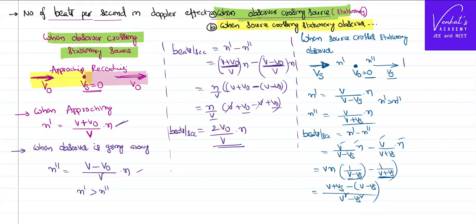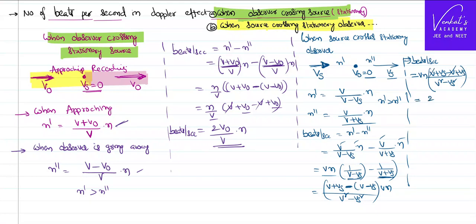Let us simplify this a little further. Beats per second is V into N common, the denominator is V square minus Vs square. The numerator is V plus Vs, and there is a minus sign, so minus V, minus of minus becomes plus Vs. So the V gets cancelled.